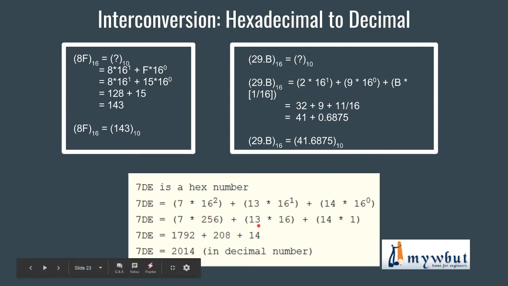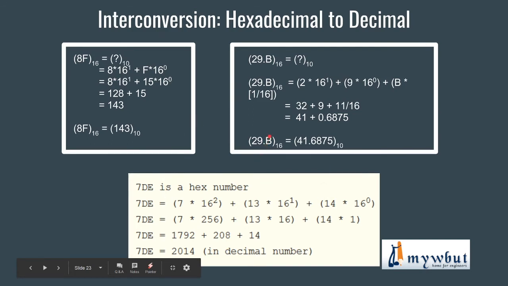And over here we get 13 into 16 plus 14 into 1. Upon computing this, we get 1792 plus 208 plus 14, which is equivalent to 2014. Therefore, the decimal equivalent of hexadecimal 7DE is 2014.